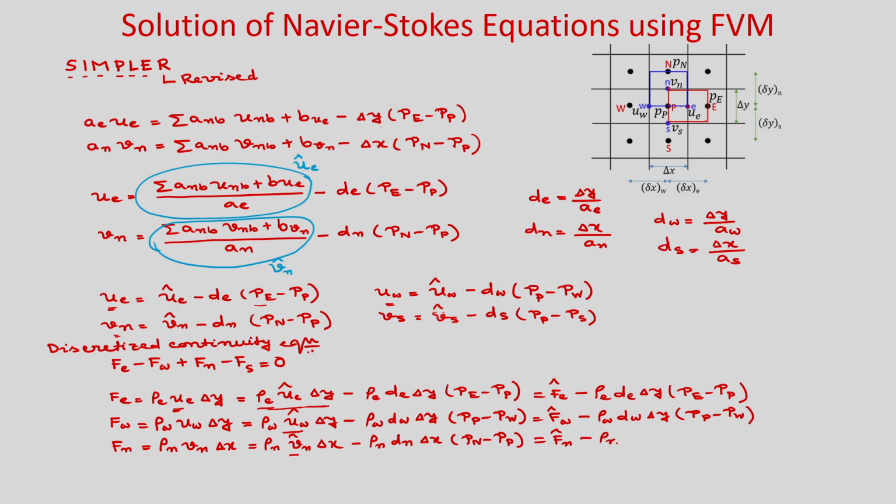So, it will be rho n dn delta x (Pn minus Pp).